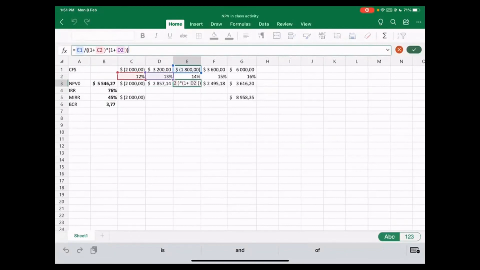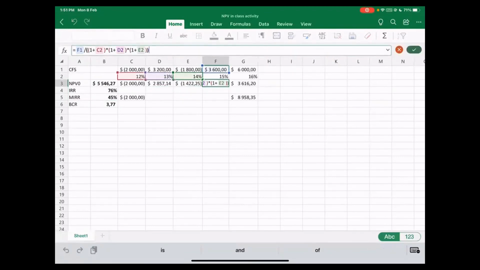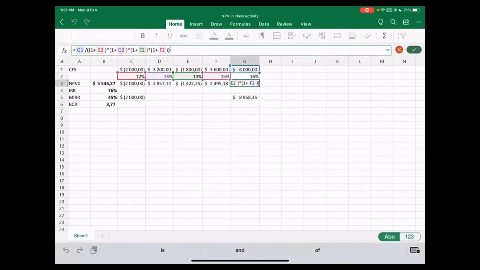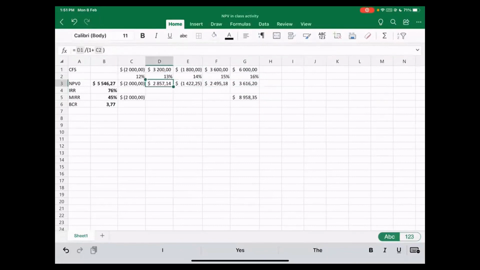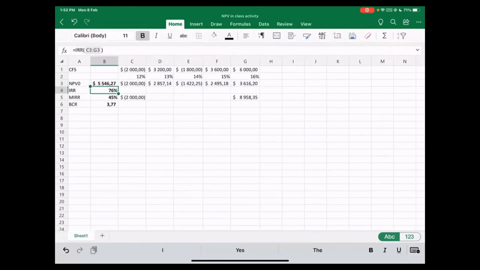Great. And 3,600 is discounted by these three rates. And the last year is discounted by 4 rates, except 16%. Very good. And I summed up all these cash flows to calculate the NPV. So here is my NPV.